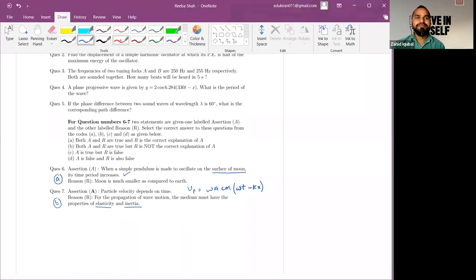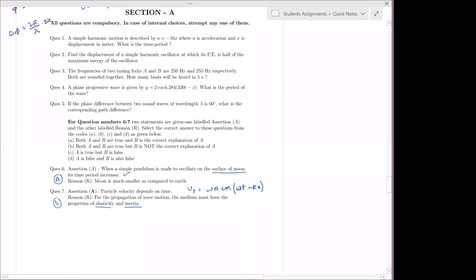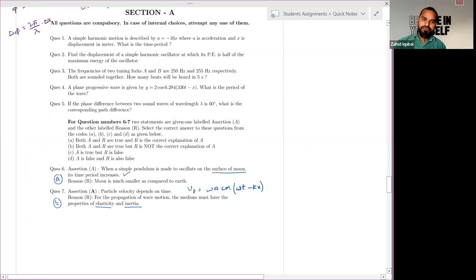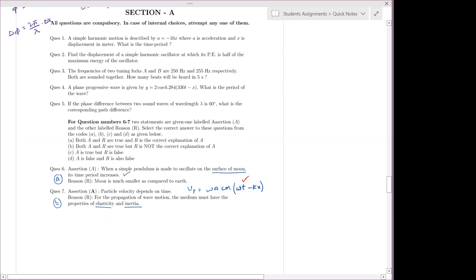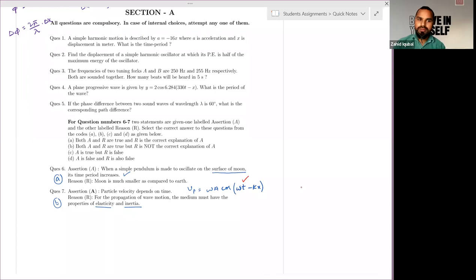Is it clear? Sir, can you say how the assertion is true again? According to the formula, particle velocity is omega A cos omega t. So we can say it is a time dependent function. But it is also a displacement dependent function, both, right? So it should be time and displacement.